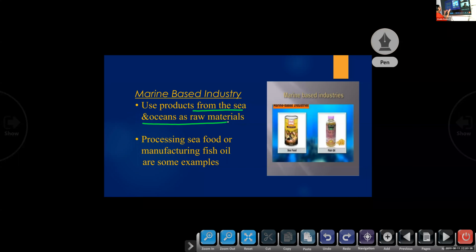What are the products that we get from this industry? Seafood, fish oil. Is it clear?